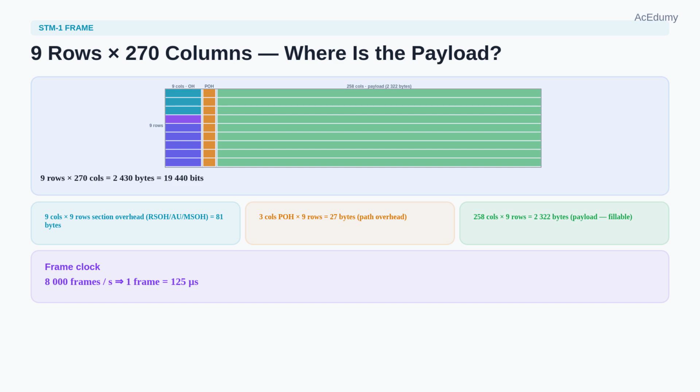This is what we have to fill with our ATM cells. STM-1 is transmitted at exactly 8,000 frames per second, so each frame lasts 1 over 8,000 seconds or 125 microseconds. That is the heartbeat of SDH.